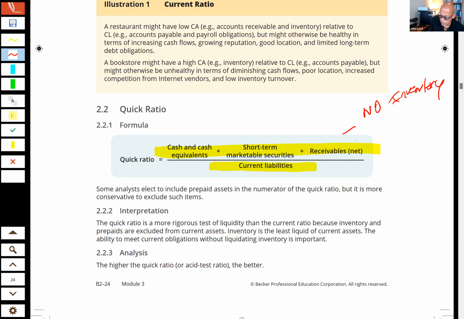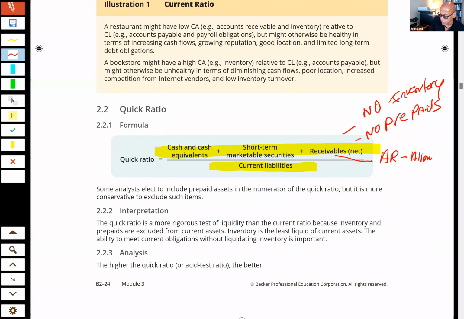The other thing that's here, no prepaids. Prepaid is a current asset, but it's not a current asset that you can liquidate into cash. So we would also exclude prepaids here, like prepaid insurance, etc. When we talk about net receivables, guys, I think you know this, but don't forget that that's accounts receivable minus what?